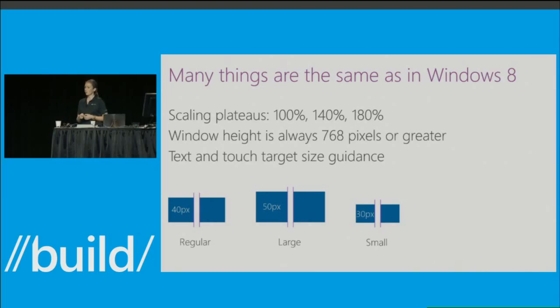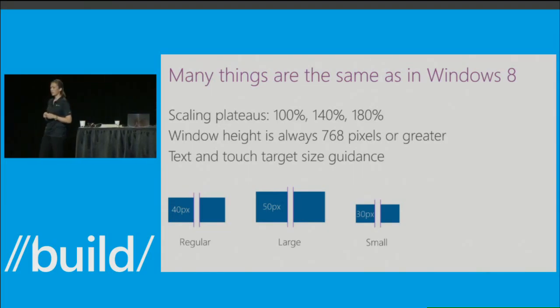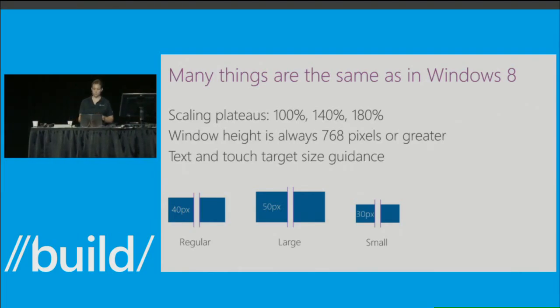So 50 pixels by 50 pixels is a good one for controls that you want people to be able to hit sloppily. If you really can't fit something on screen, you really need to fit a touch target in there, 30 pixels by 30 pixels will still be touchable on all screens running Windows. But it's not the best for things that people need to hit all the time. Also, remember to put a little bit of padding in between your touch targets. We typically say 10 pixels, but this is to make up for a little bit of touch error when people go for those touch targets.